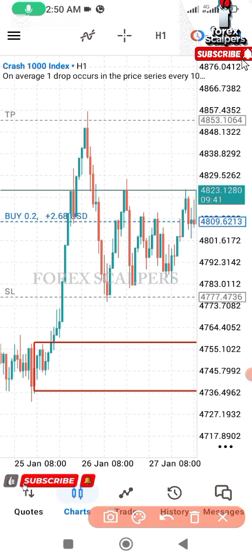So if you look at this point from here all the way to here, there is an imbalance. This is an uptrend, so I'll just show you how you can identify an imbalance in an uptrend.